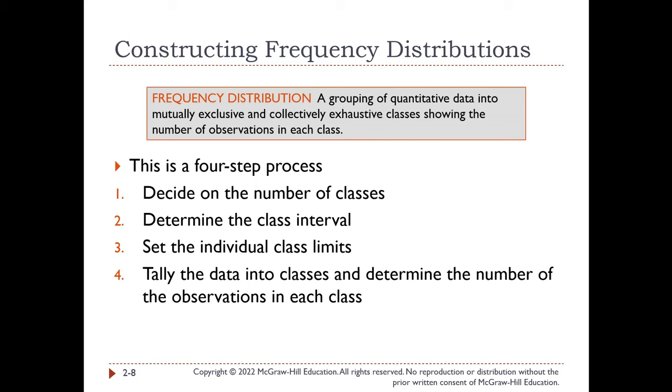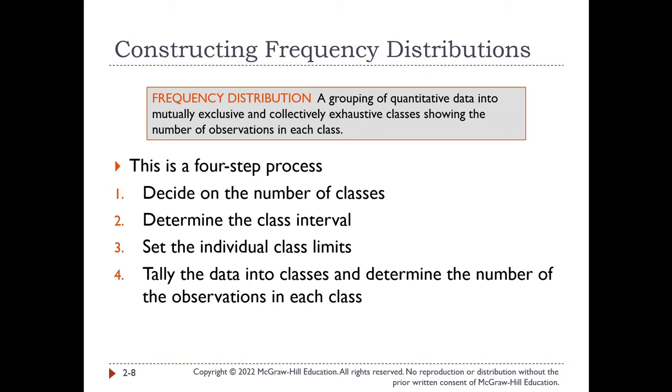Yes, we love our steps. Gotta get the step counter in. So we're doing it now. First step, we're going to decide on the number of classes. This is going to be a simple way. You're going to see, and it's fun. Number 2, we're going to determine the class interval.